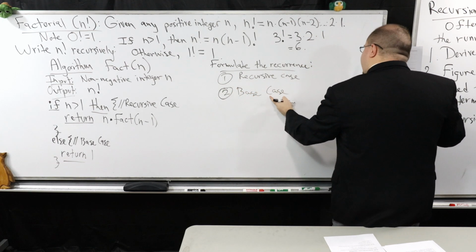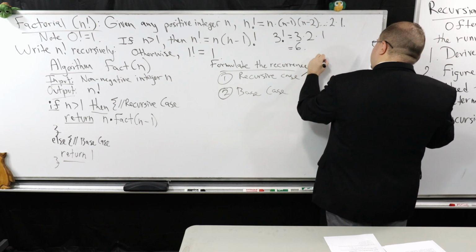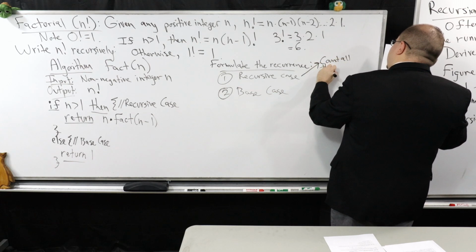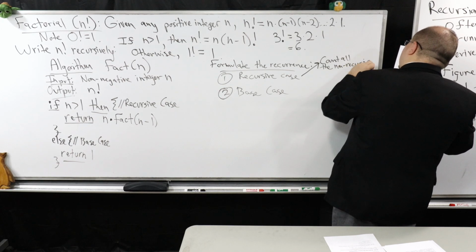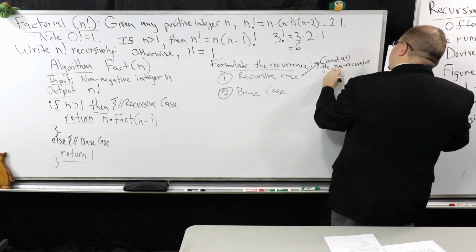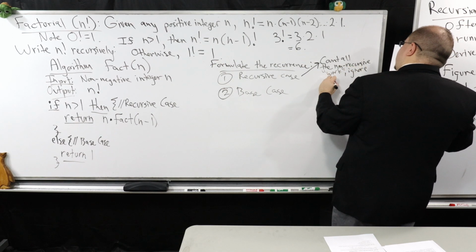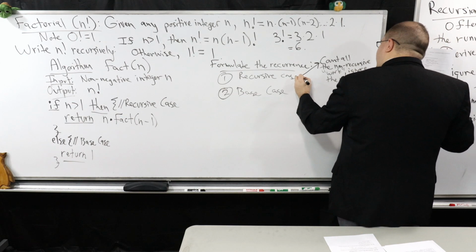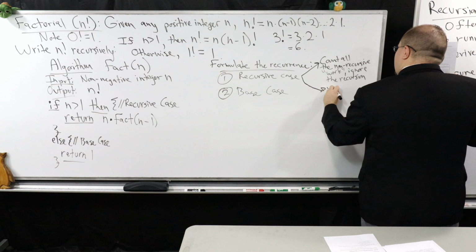So in the recursive case, you're going to count all the non-recursive work, just like we did before. So all those operations where you ignore the recursion. And then, of course, you need to take into consideration the so-called recursive work.